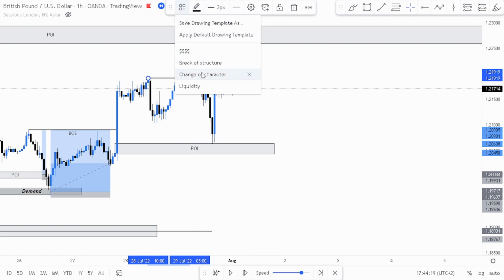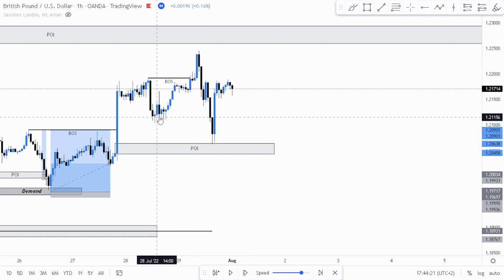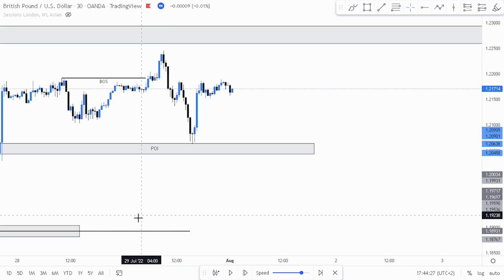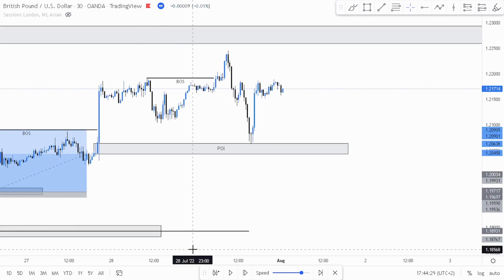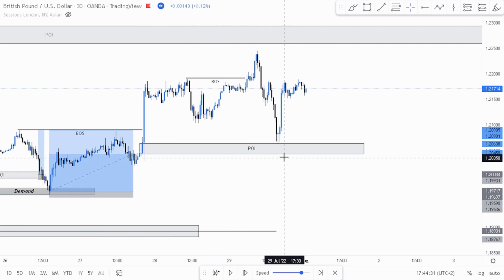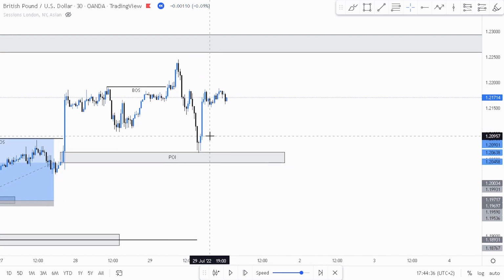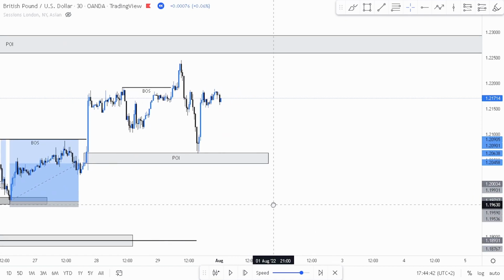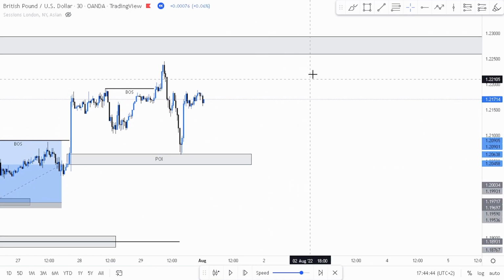This is a break of structure, and price did come down to this level. Now, were we able to enter? I don't know. Those of you who enter immediately at the touch of the level, you guys would have been triggered in, but since I wait for the 50%, I'm not triggered in and I'm not phased by this. I just allow the market to continue moving up. It's okay.